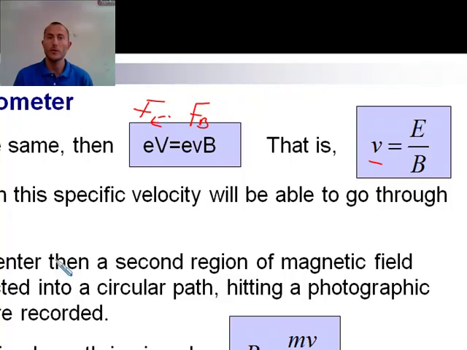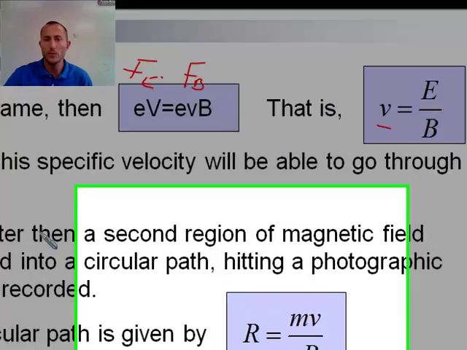It exerts a force to the right on those particles, which causes them to follow a circular path and actually end up going back the way that they came. The radius of that path is given by the equation we see here.